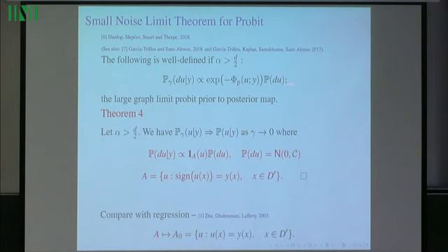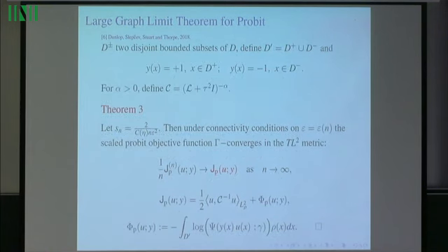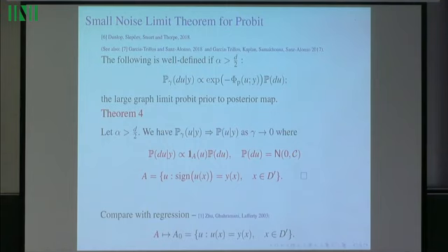So if alpha, and this is the reason why we keep alpha, is bigger than d over 2, then the limiting Gaussian process associated with this Dirichlet form is well defined on L2 rho, and that's an if and only if statement. So if and only if alpha is bigger than d over 2 is the Gaussian process associated with the Cameron-Martin norm defined by this quadratic form a well-defined Gaussian process.